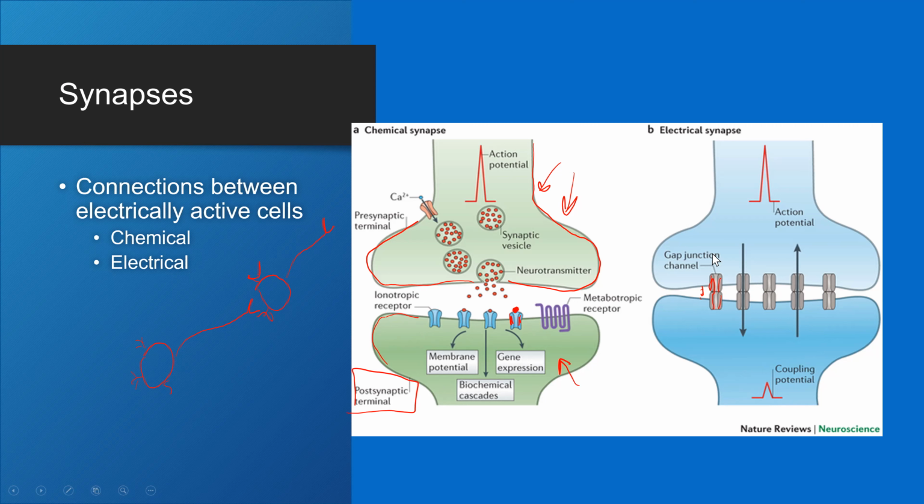And an electrical synapse is when we have a gap junction between one and another, and the electrical impulse just goes straight from one to another. This is found in your heart and in embryonic tissue, but it's not a very common synapse in adult humans. You find it between the myocytes of your heart muscle.